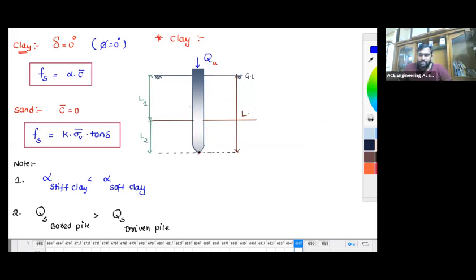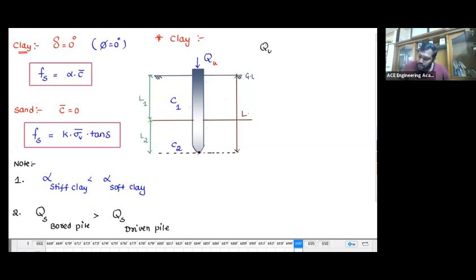I am taking this as a soil mass, and let's say there is some hard strata somewhere over here. I want to find out the ultimate load carrying capacity of this pile. Let's say the soil cohesions are C1 and C2. Now I want to find out the ultimate load carrying capacity.